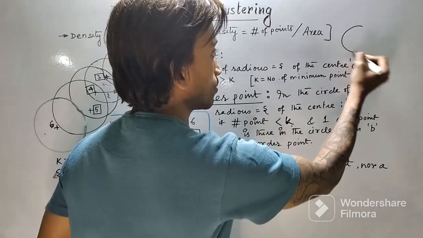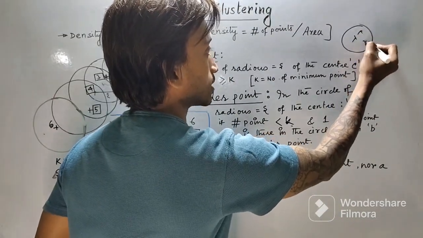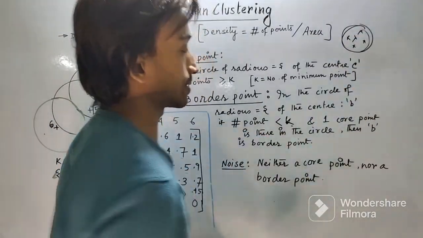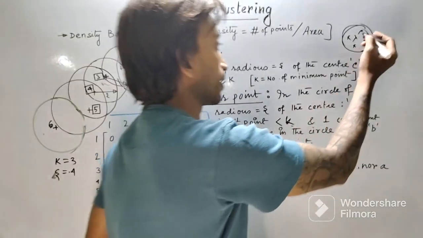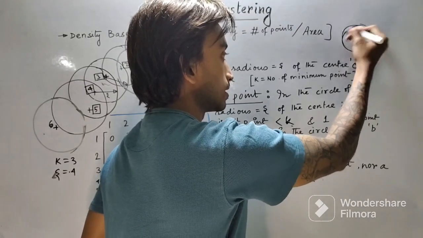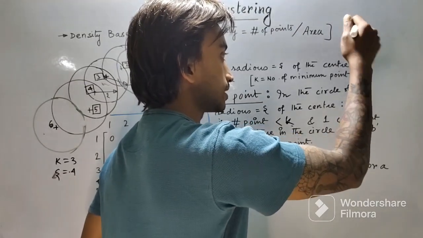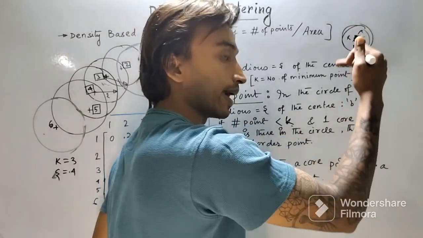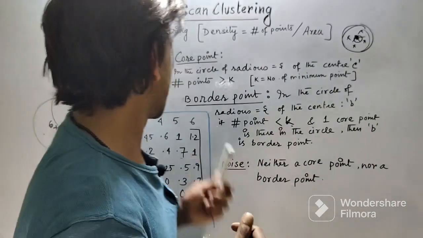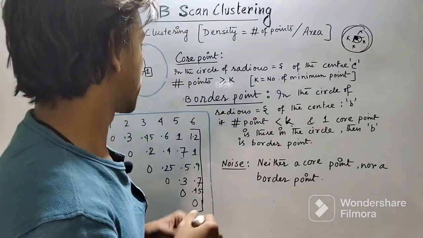If this circle is dense, then the center of this circle is considered a dense point, that is basically a core point over here.